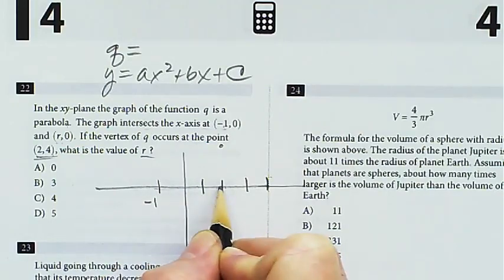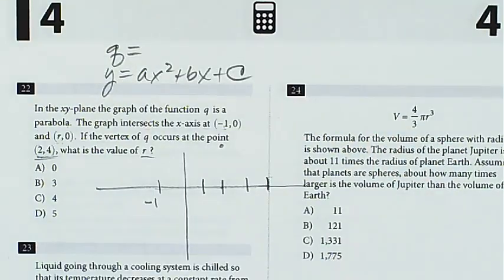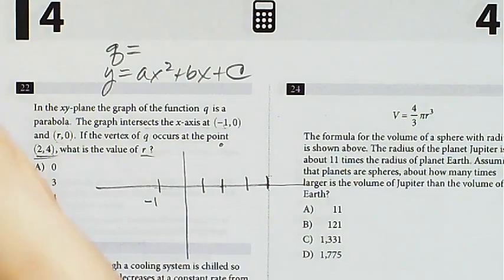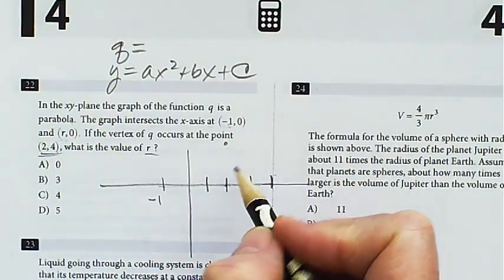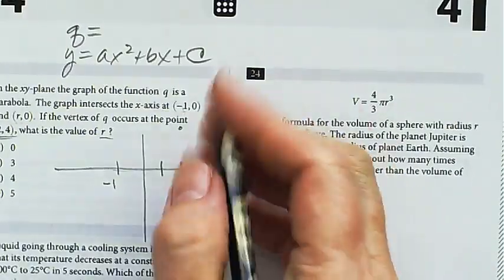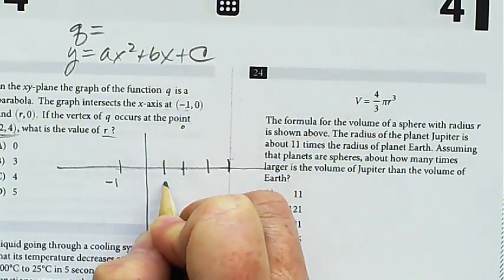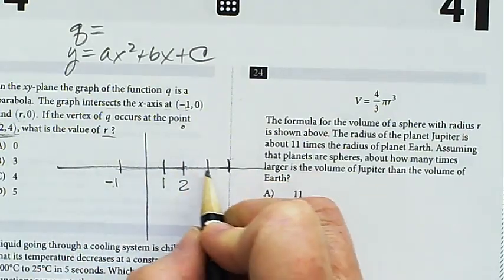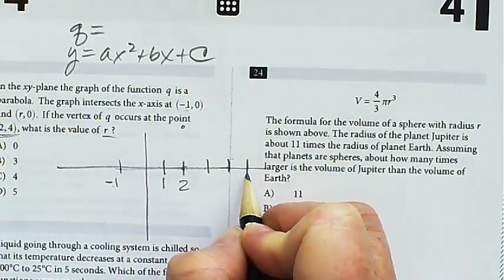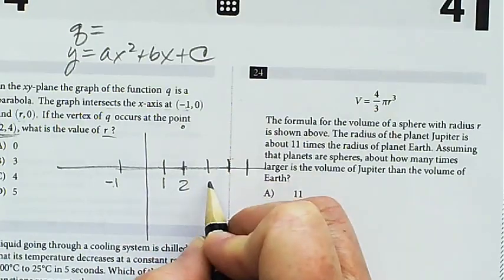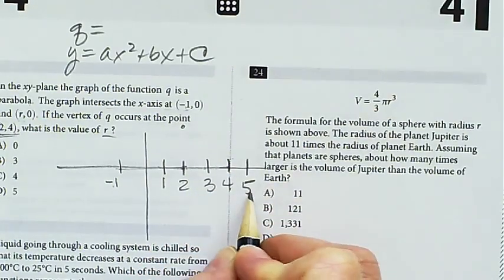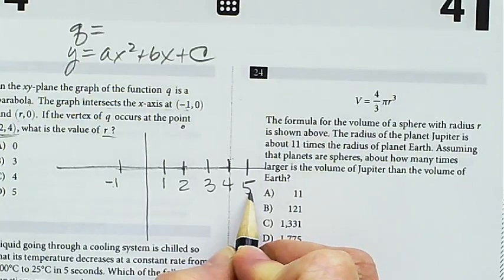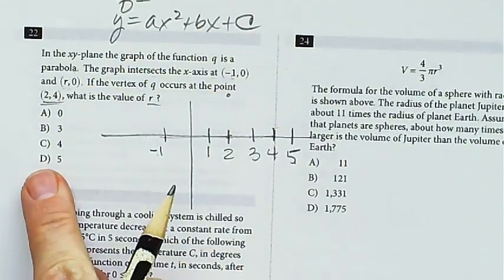So the vertex is right in between those two x-intercepts. The distance from 2 to -1, that's 3. So I know the other x-intercept is going to be 3 units away from the vertex. So that's going to be at 5. So my other x-intercept is at 5.